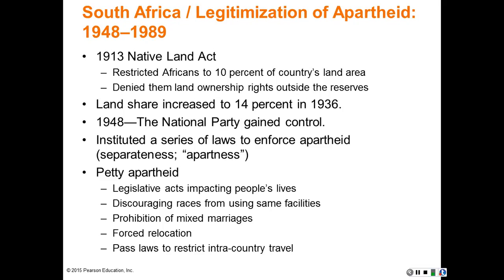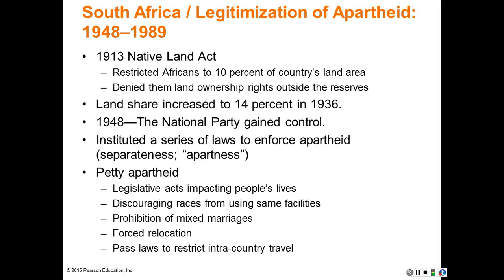They were denied land ownership rights outside of reserves provided for them. The land share increased to 14% in 1936, but did not provide much better land for the native population.